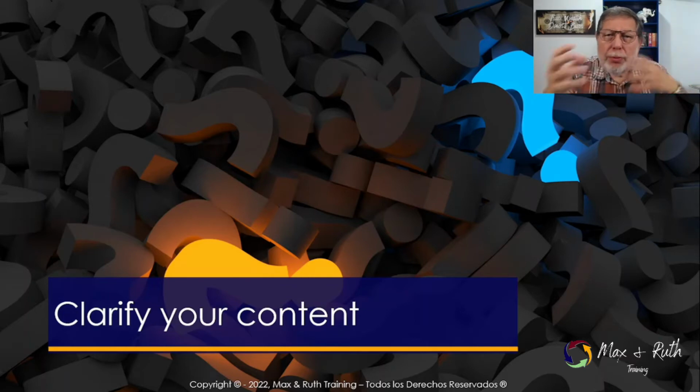All those 3 questions together are very powerful because they will help us clarify our message, know exactly who we are going to target with our message, and how we can find the best images or the best way of crafting a visual message for our audience. That's element number 1. How can you clarify your content and turn it into a visual message?